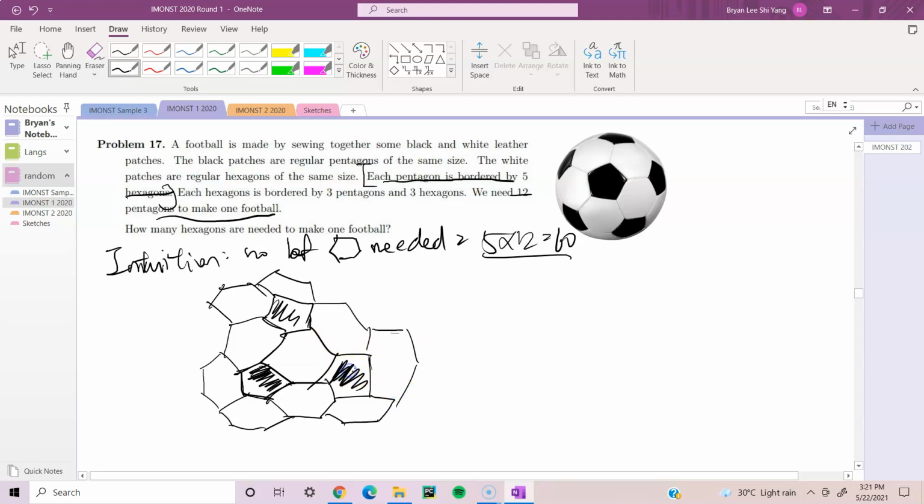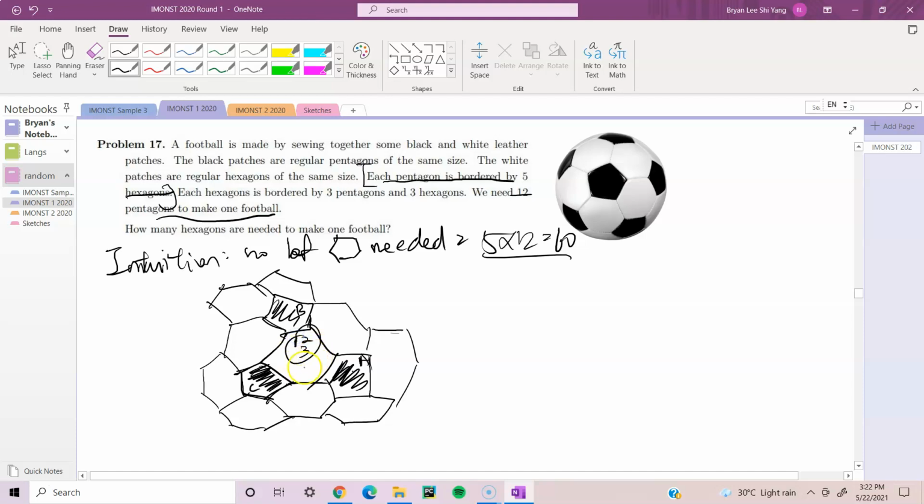Look at this. If we label this pentagon as 1, you see that this hexagon is counted 1 time. No, this one we label as A. Then we label this hexagon B, and then we count its surrounding hexagons. This is counted twice. And then this is pentagon C. Then we see that this hexagon is counted thrice.